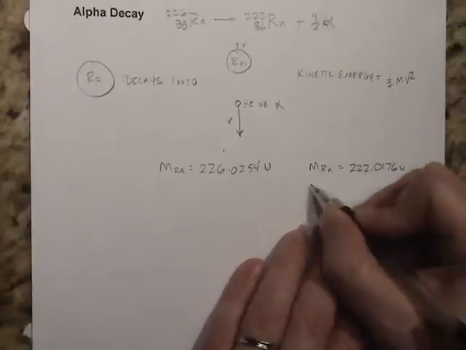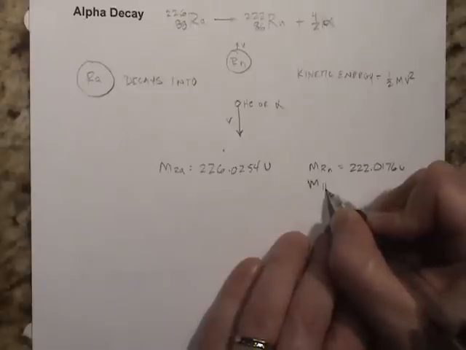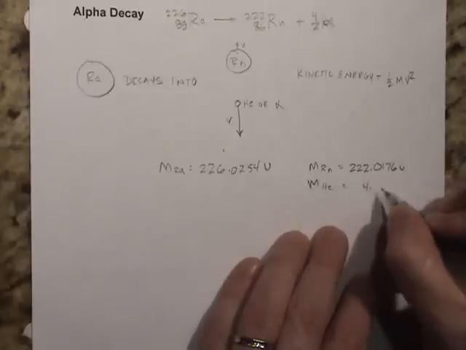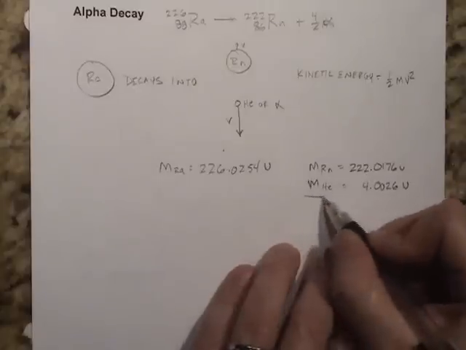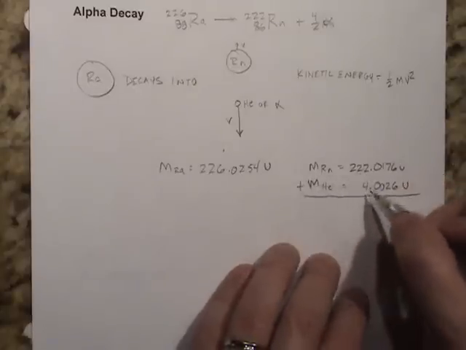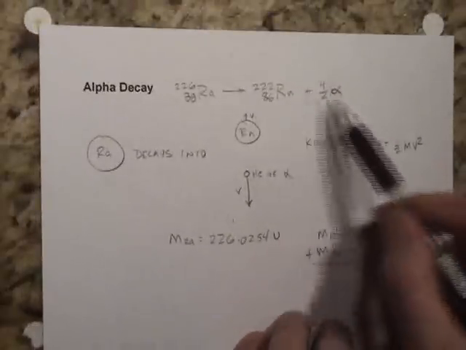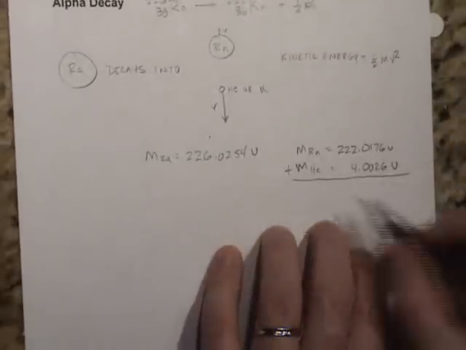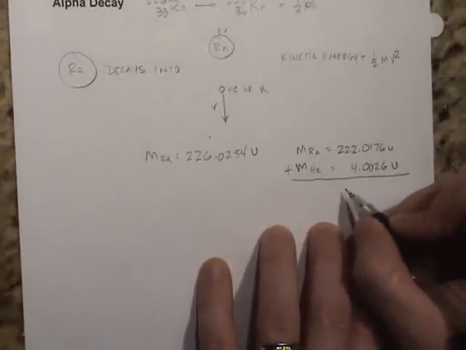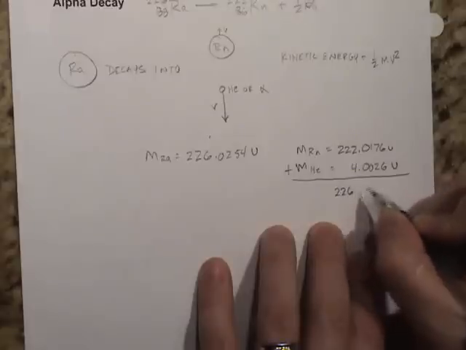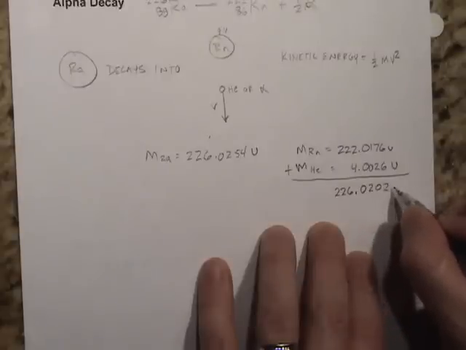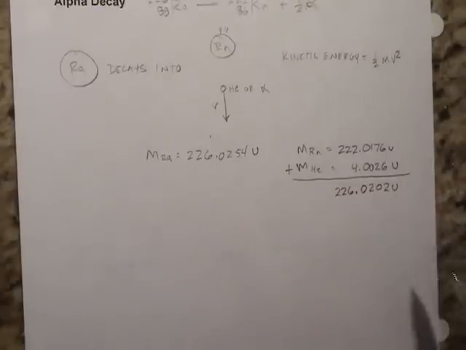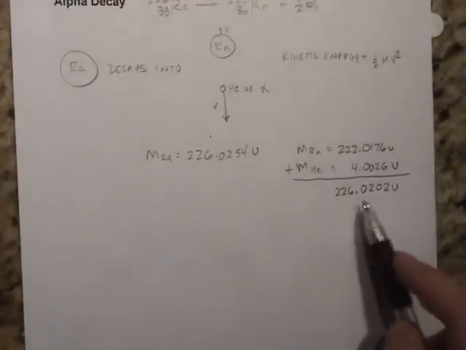The mass of the helium is 4.0026 U. And if I add these two together to give me the combined mass of the two particles on the right, then I end up with a total mass of 226.0202 U.